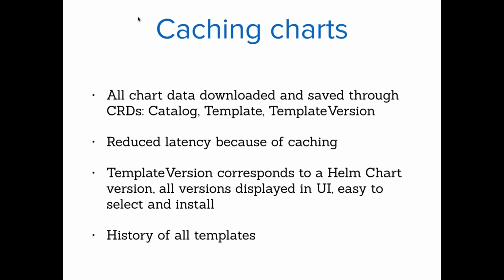We periodically keep checking for updates to these charts, and since we fetch all the template versions, you can easily pick from a list of all template versions. This way, we also maintain a history of all the templates in your charts.